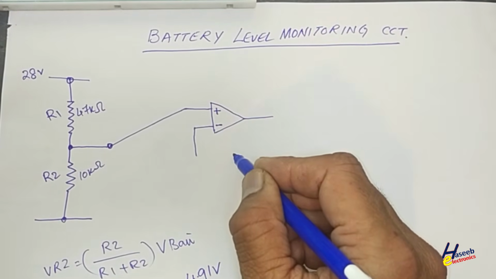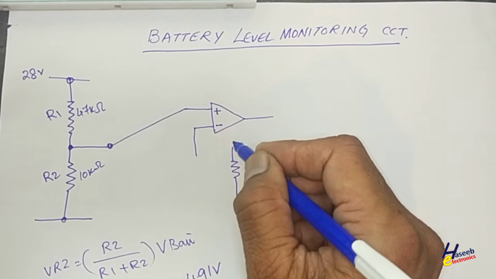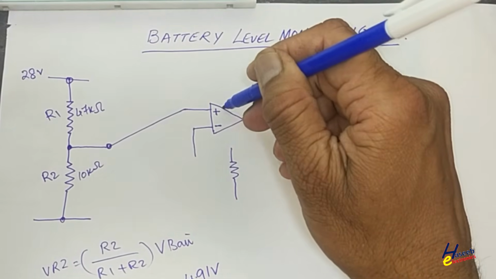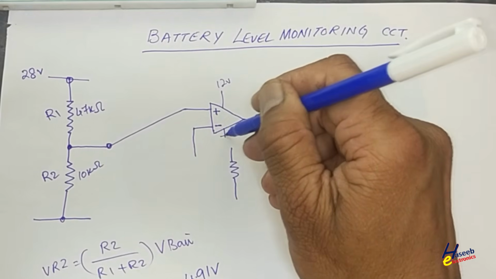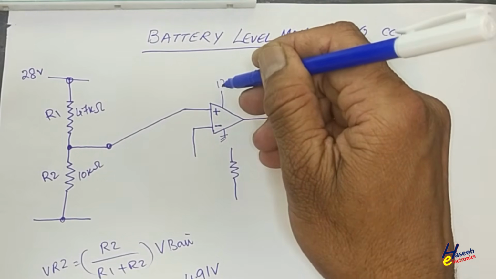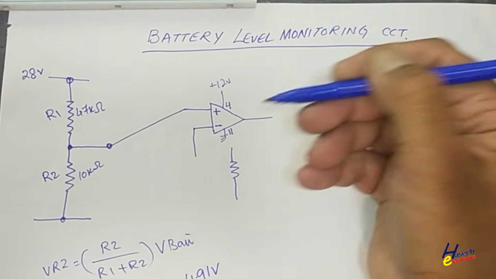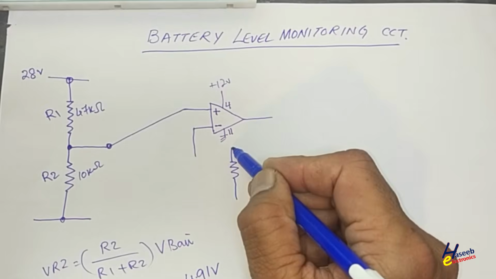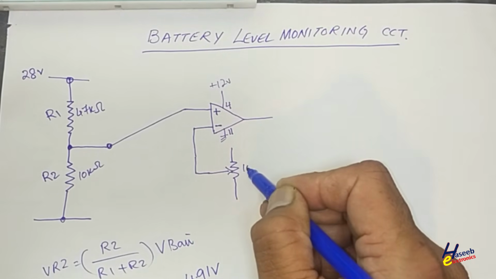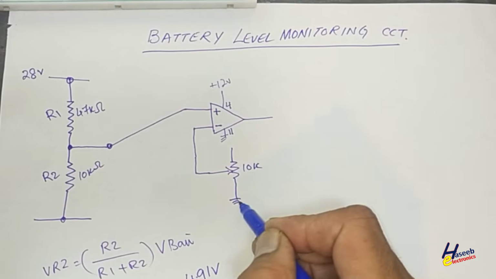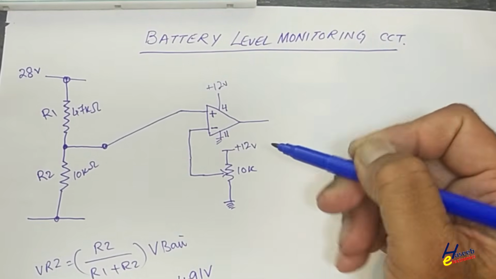We will adjust this reference as per our requirements. We will apply 12 volt to this IC, 12 volt positive at pin number 4. 11 is common ground. We will use a potentiometer 10 kilo ohm. One side grounded, second side positive 12 volt.